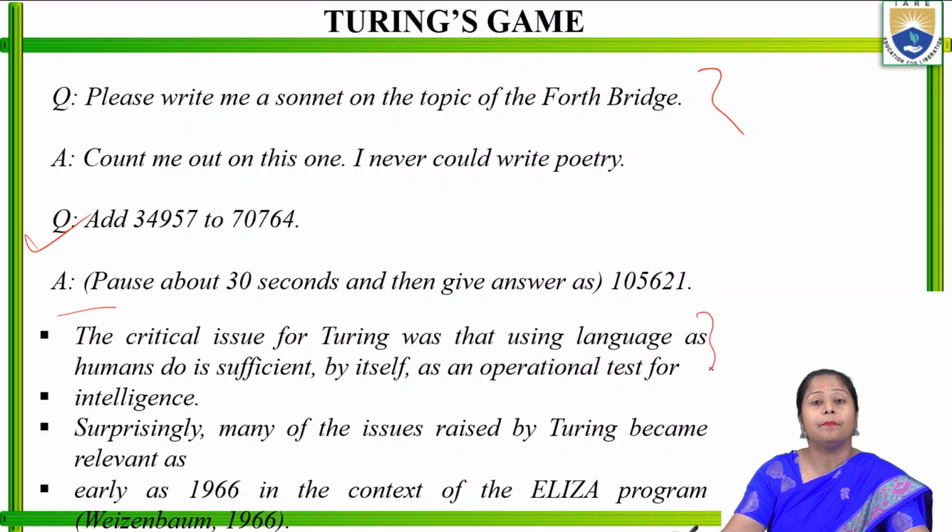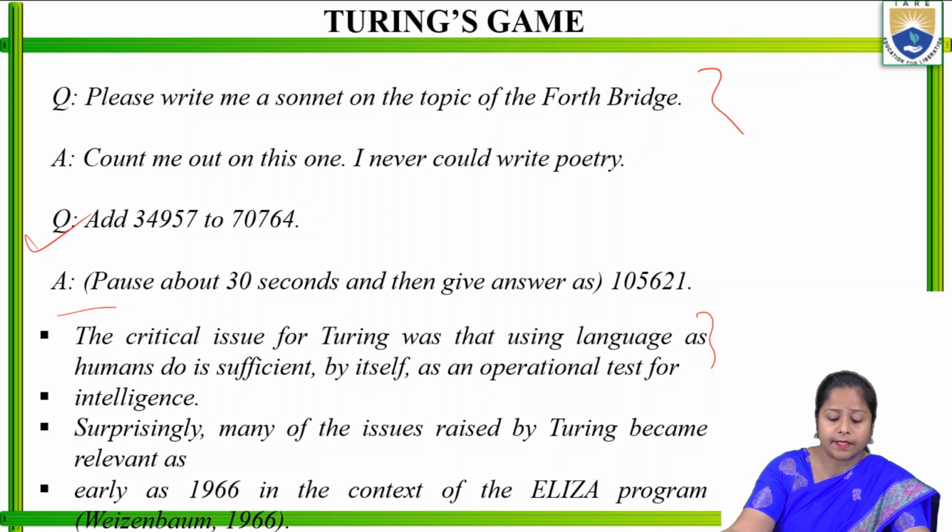Surprisingly, many of the issues raised by this Turing game became relevant as early as 1966, when the ELIZA program came out. Some of the errors came because this was the first interaction between machine and human.